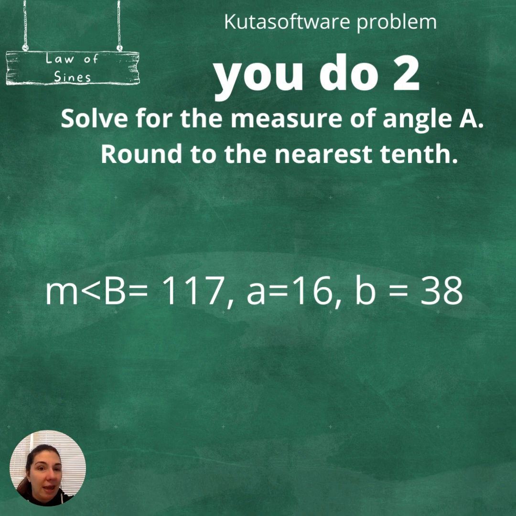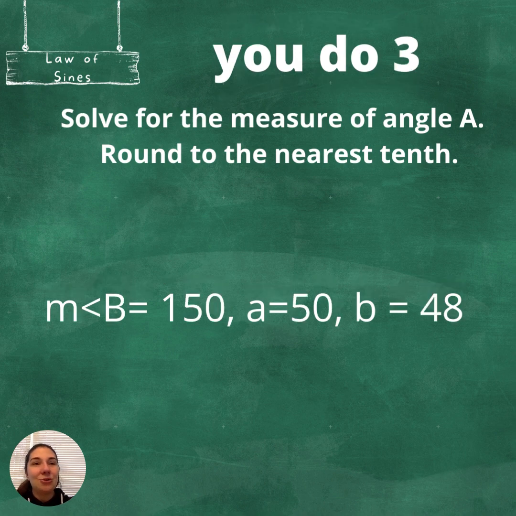The measure of angle B is 117, lowercase a is 16, and lowercase b is 38. And then UDO number 3, our last problem. Solve for the measure of angle A, round to the nearest tenth. The measure of angle B is 150 degrees. Lowercase a is 50, and lowercase b is 48.